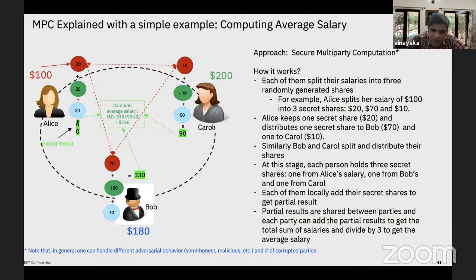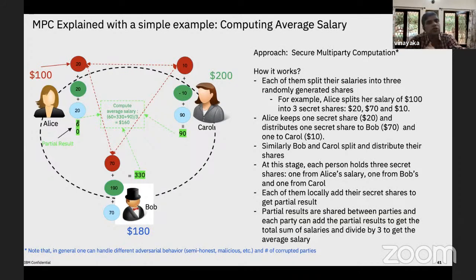So this is the basic idea in multi-party computation, which is that there are secret shares that are generated for private data, and then computations are arranged on these secret shares. Okay, and then the computations on the secret shares are aggregated to get the aggregate computation.